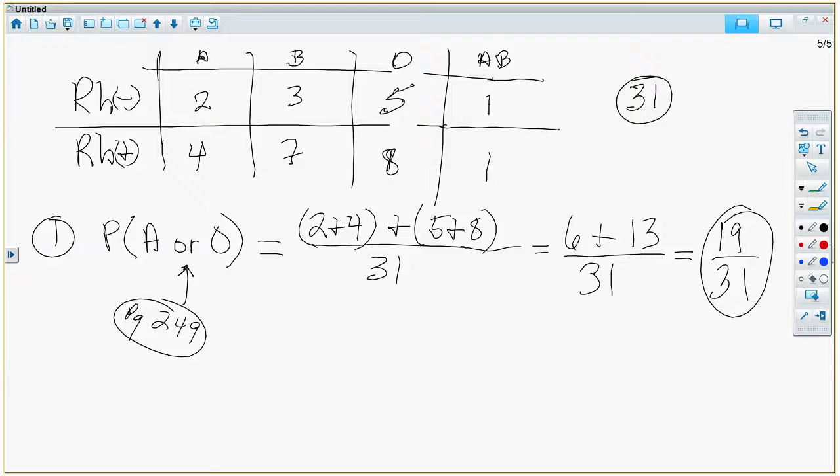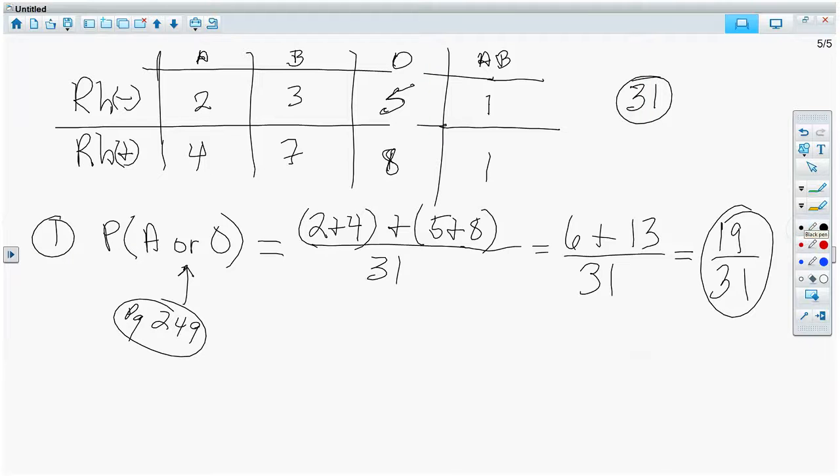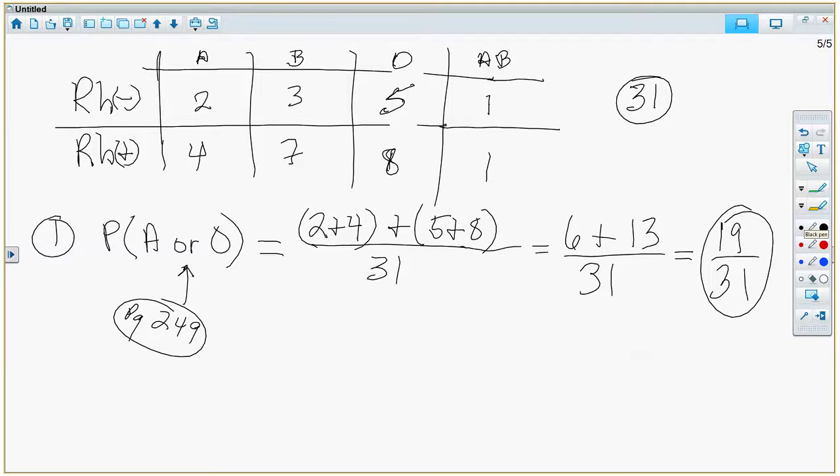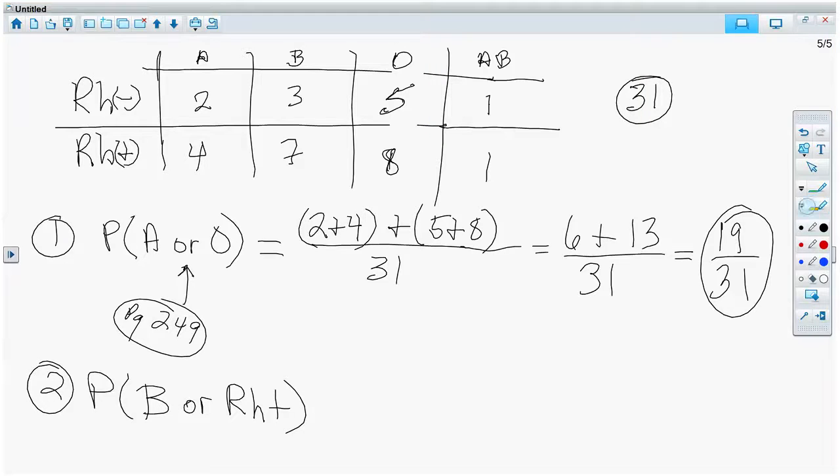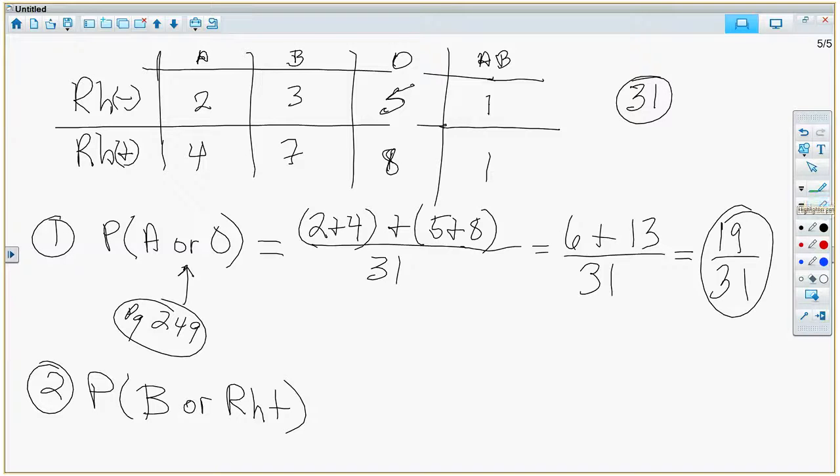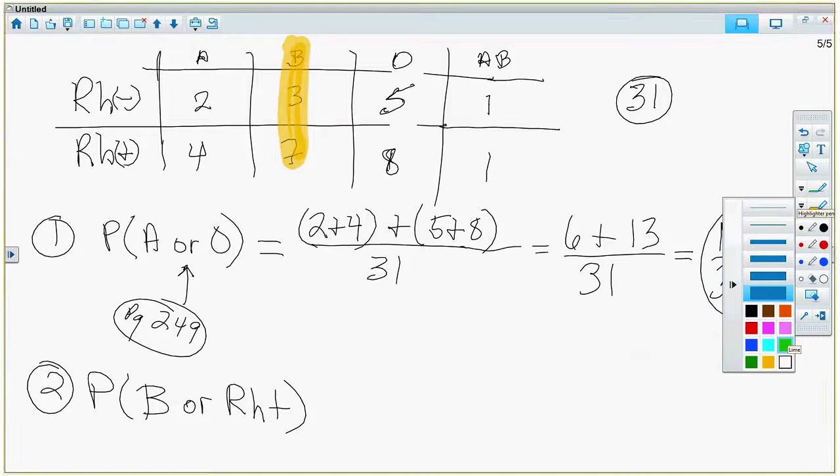Here we go. And now I'm going to find the probability of B or RH positive. All right, y'all do that, and I'll highlight it. We'll do one in B and RH positive.